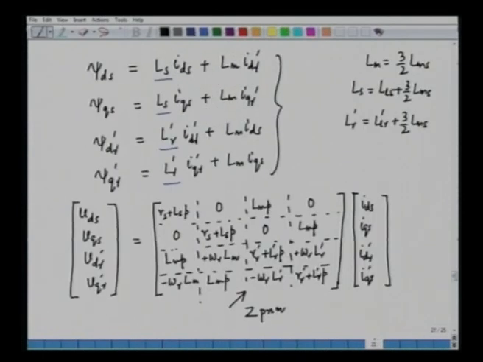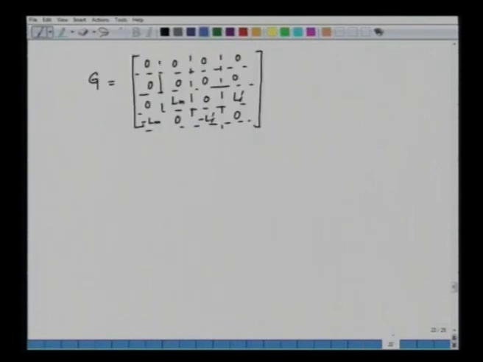So, we can see here we have minus Lm and minus Lr here, and here we have the speed terms plus Lm and plus Lr. So, these are present in this case, plus Lm plus Lr, minus Lm and minus Lr.